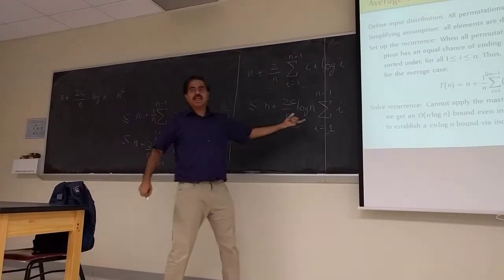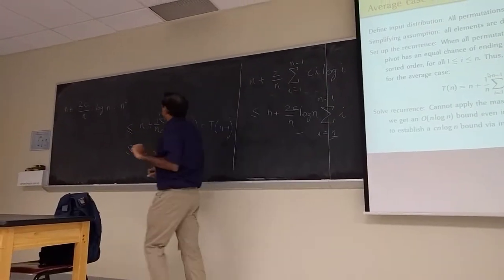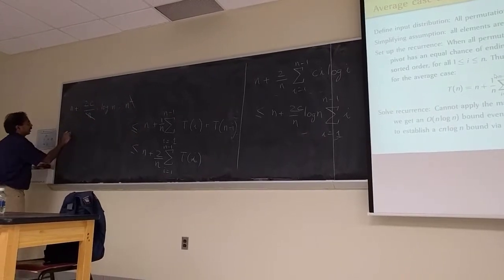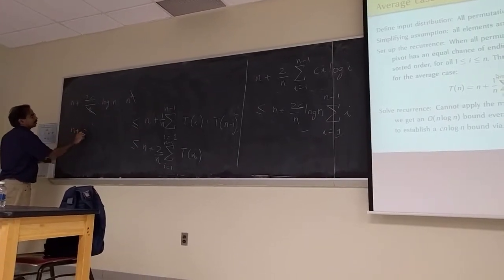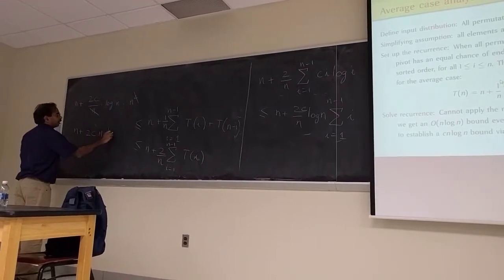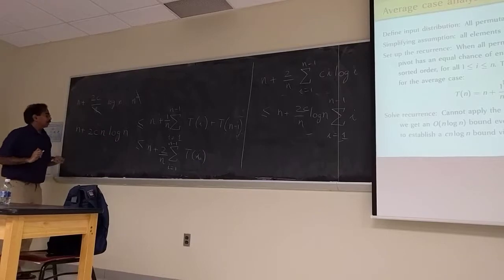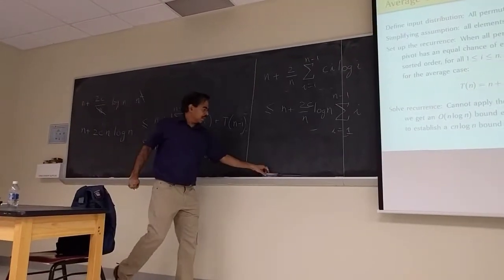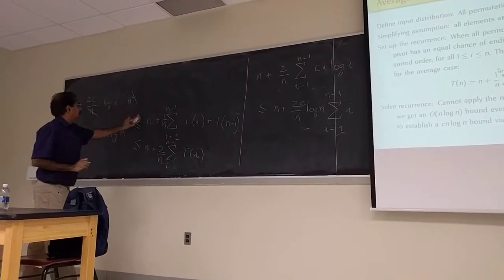So this is going to become something like n squared, right? So we can cancel off this exponent with this. So we'll have n plus 2c, this n I'll move it over there, log n.